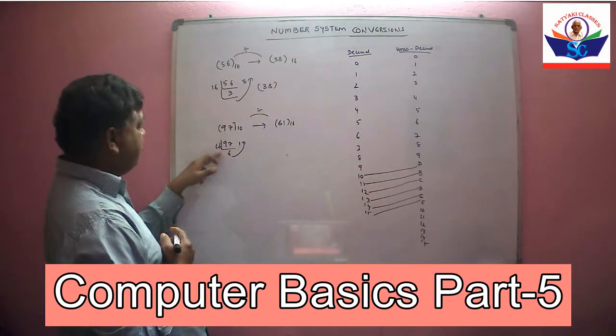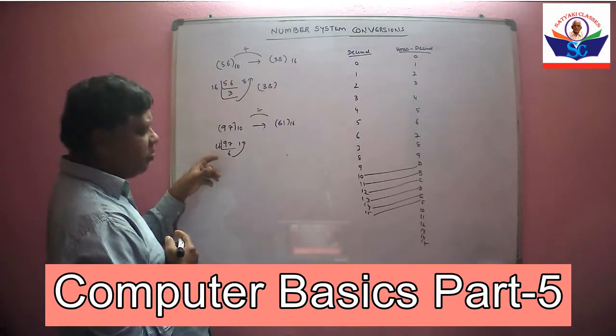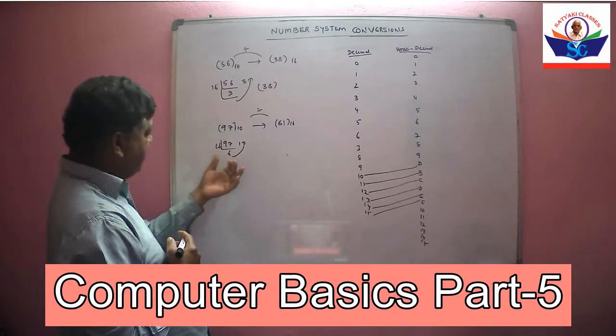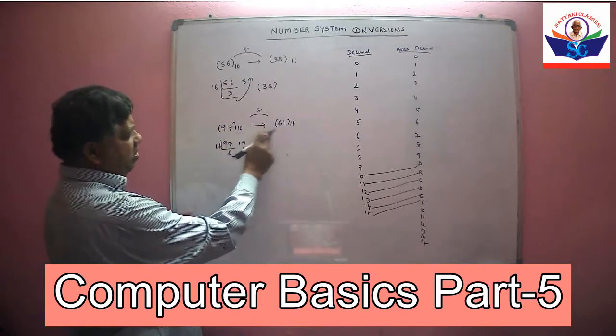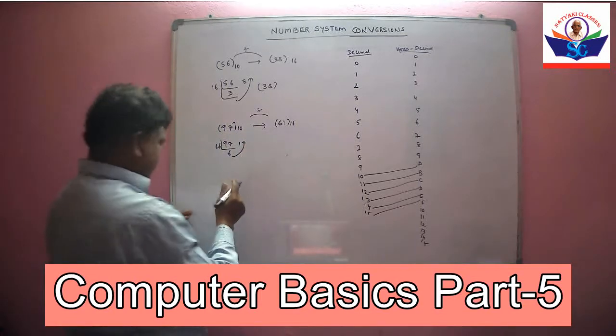Now 6 is less than 16, so it is not possible to divide again. So we'll take it as 61. So 97 in decimal is equal to 61 in hexadecimal.